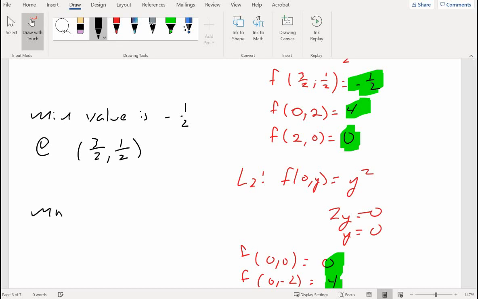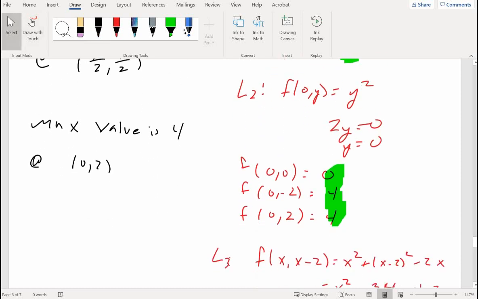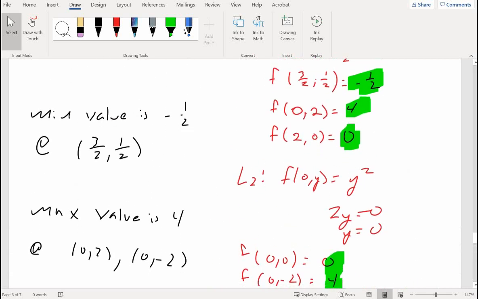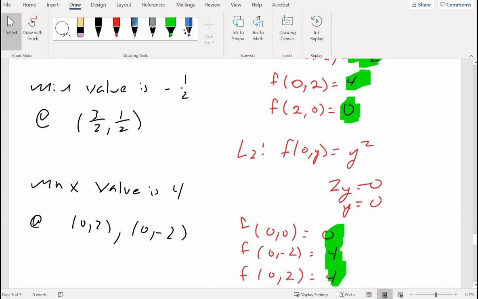And our maximum value is 4, and that occurred at (0, 2) and (0, -2), and the (0, 2) is already listed, so those are repeats. So the maximum value is 4. It occurs at 2 different places. That's fine. The minimum value is negative 1/2.